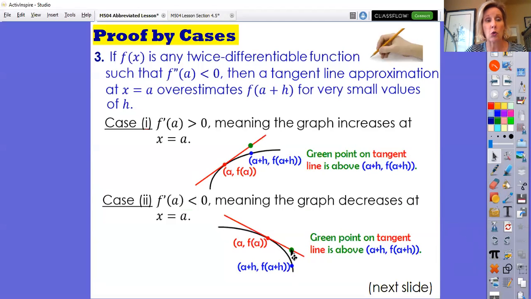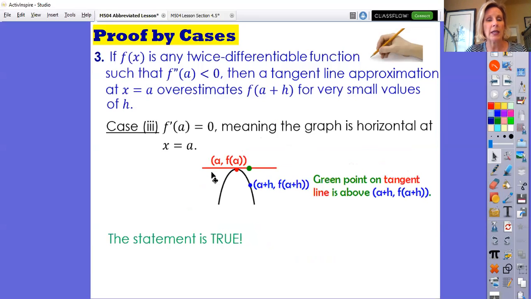And once again, this green tangent line approximation is higher than the blue point on the function. So once again, the tangent line approximation does overestimate the function value. Our final case is similar. Even when the tangent line is horizontal, the point on the tangent line that represents the tangent line approximation does exceed the point on the function. So in every case, the statement is true.